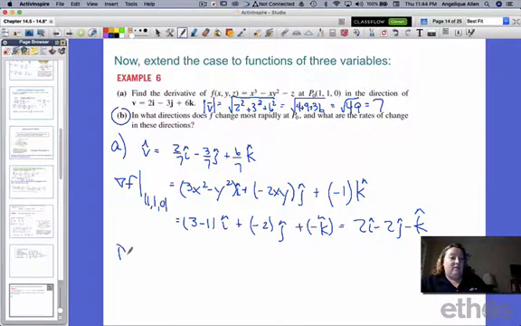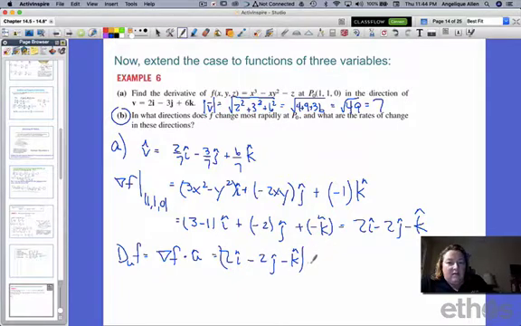And so what we have to do is dot our vector with our gradient. And that's going to give us 2i minus 2j minus k dotted with 2/7 i minus 3/7 j plus 6/7 k.